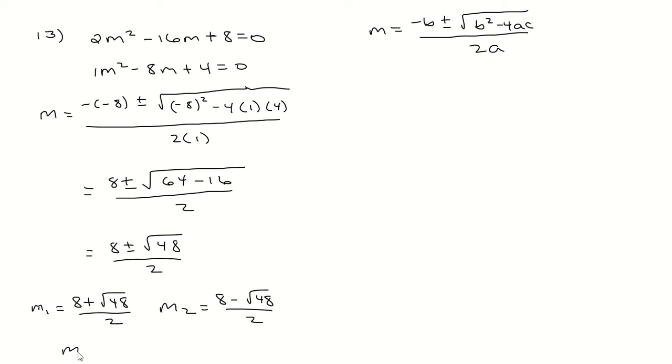And when I add those together, which is what they're looking for, the 8 plus 8 is going to give me 16. Root 48 plus the negative root 48, those are going to cancel, since I'm adding over the common denominator. And so the sum of the two answers is 8. And so I want D.